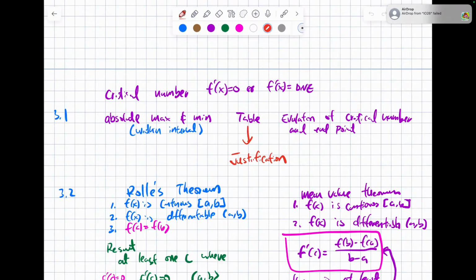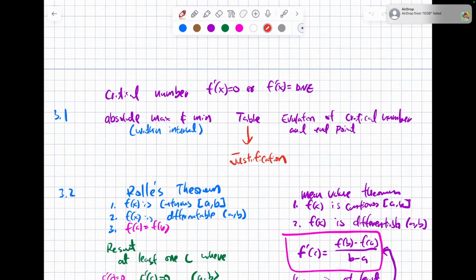It does not tell you absolute, because it doesn't care about what happened at the endpoints. If I ask you relative, it's usually without intervals. With intervals, it's usually going to ask you absolute max and min, and there are two different ways of justification. So for absolute max and min, it has to be done by table. You cannot do a number line test, because a number line test doesn't tell me what happened at the endpoints.